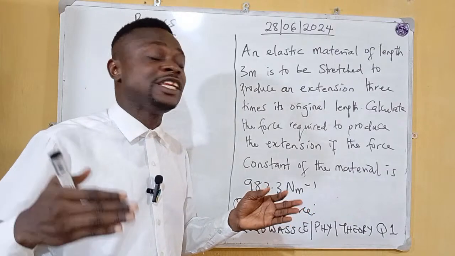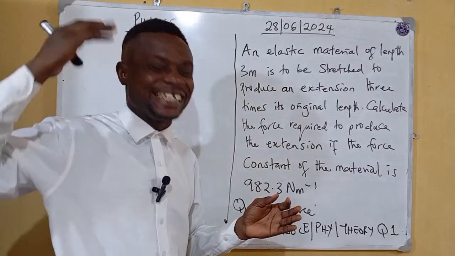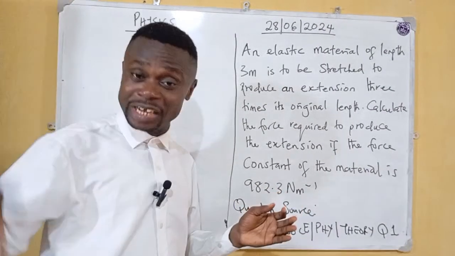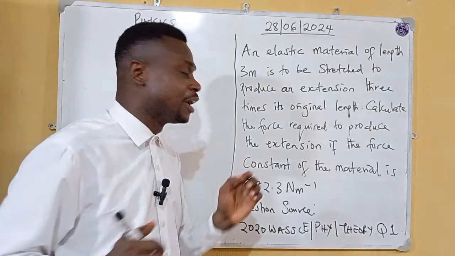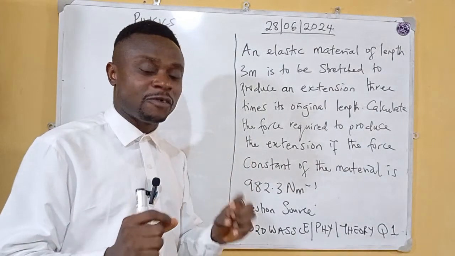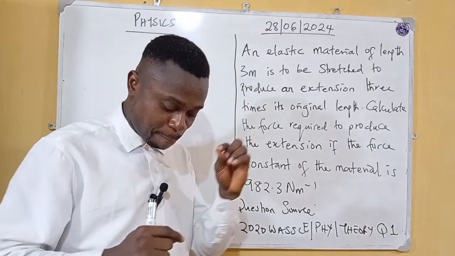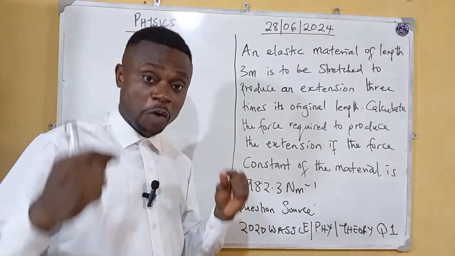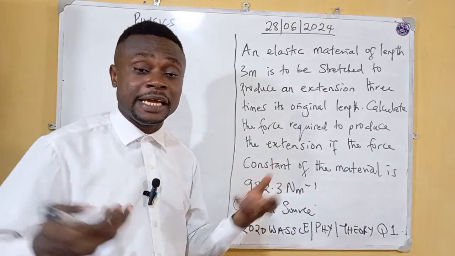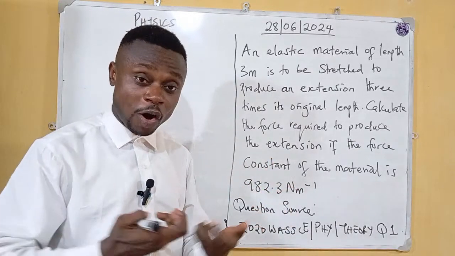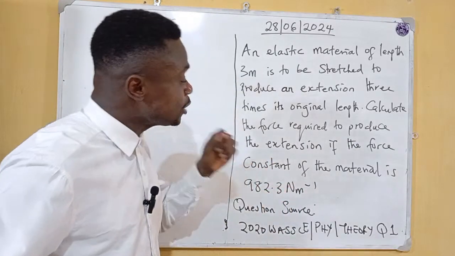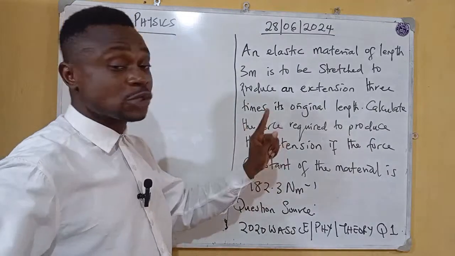In fact, it may even get to a yield point and a breaking point. So let us not go there. But the point is that provided this point is not exceeded, the more you apply force, the more the length increases, so the more extension. So with that Hooke's law, we will be able to solve this question.